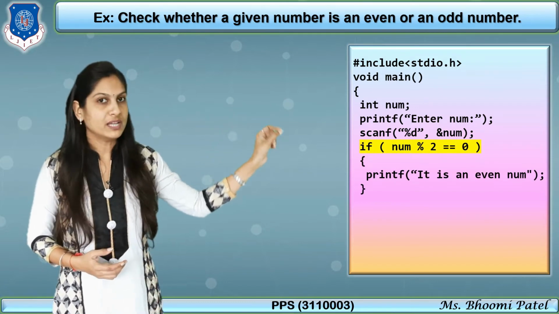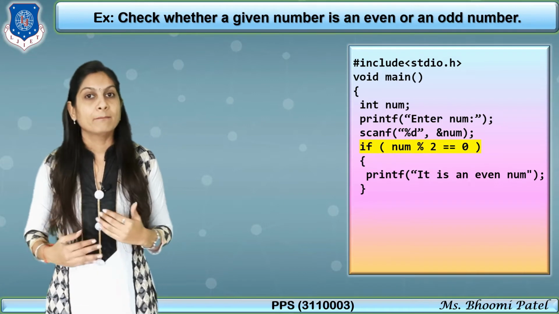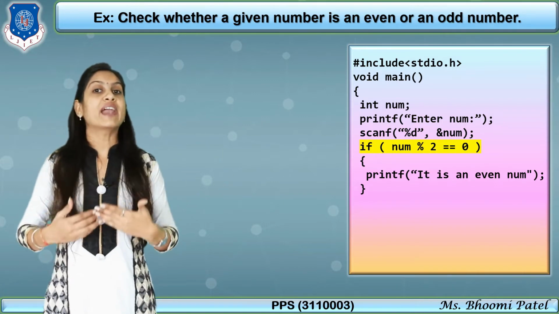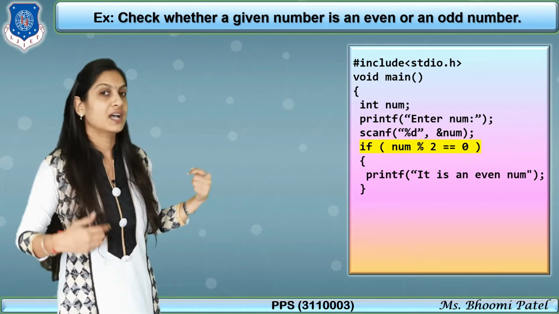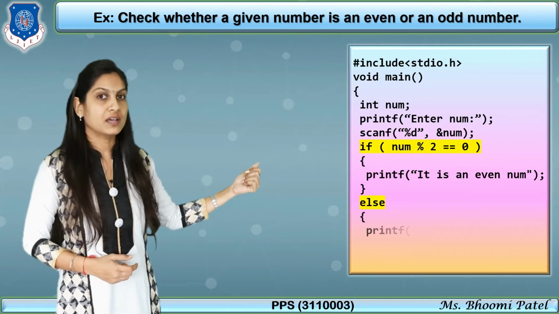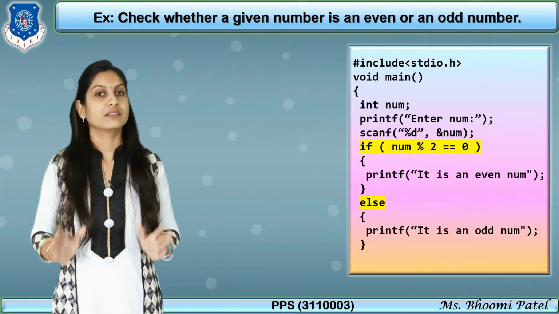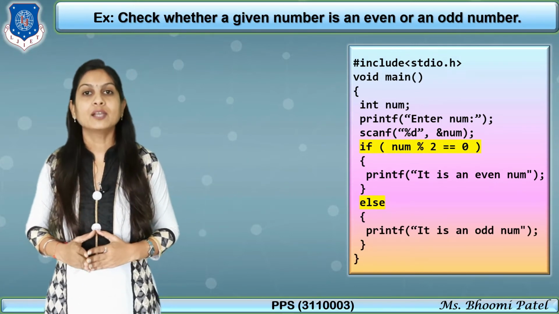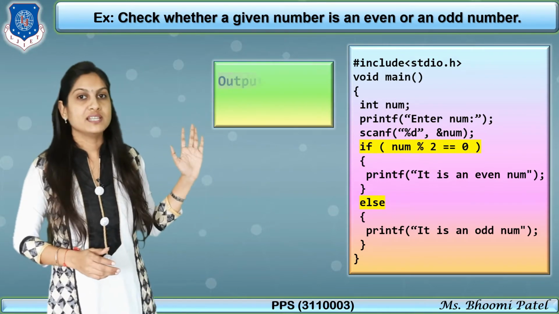If number modulo 2 equal to 0, that indicates it is an even number. But here there is no need of writing if again, because we have a false part in the else portion. So write just else instead of the second if, and in the else the message will be printf, it is an odd number. The same output we will discuss here.